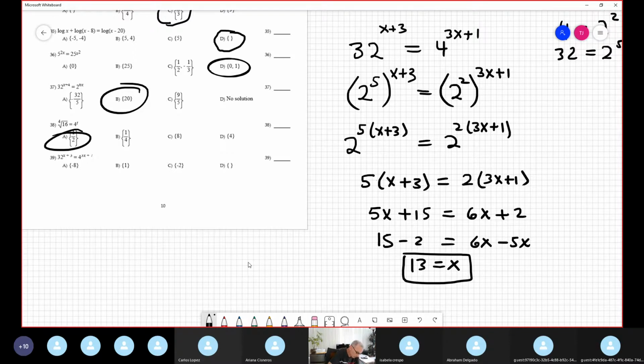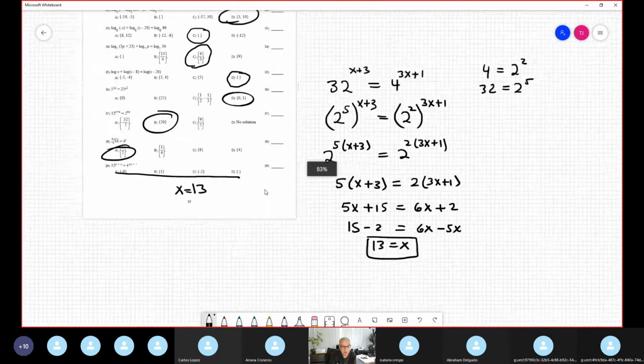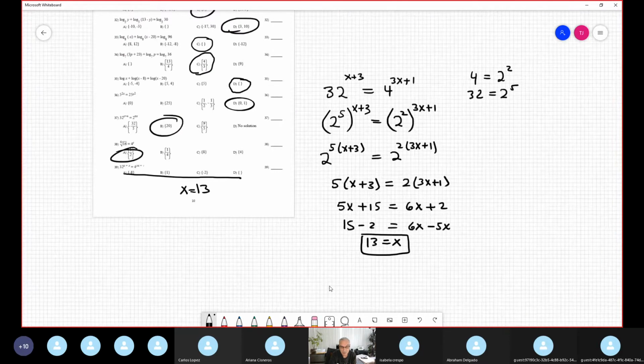Now I need to solve for x. 13, definitely. This is not the answer listed here, but it's 13. Good. Sometimes it happens that this bank of information has mistakes, because it's human, the people who are doing that.